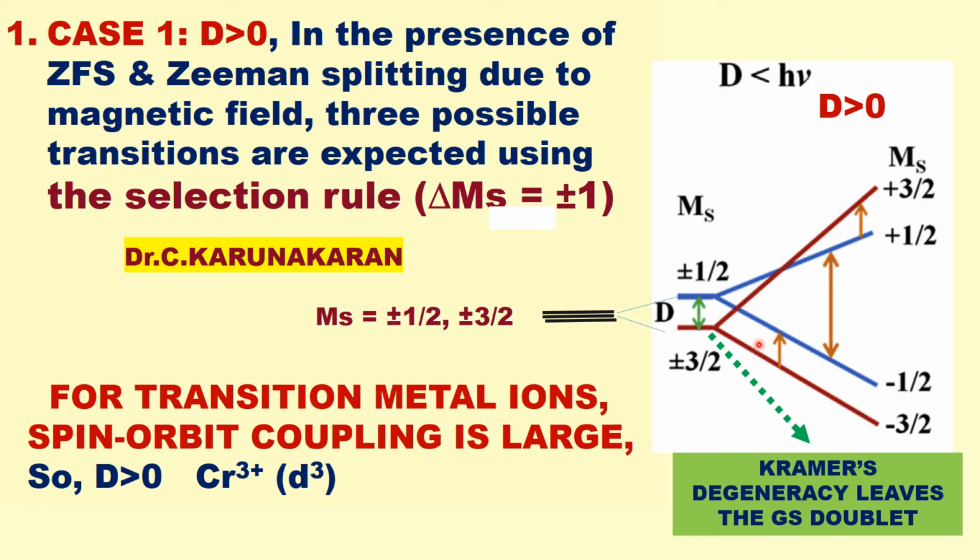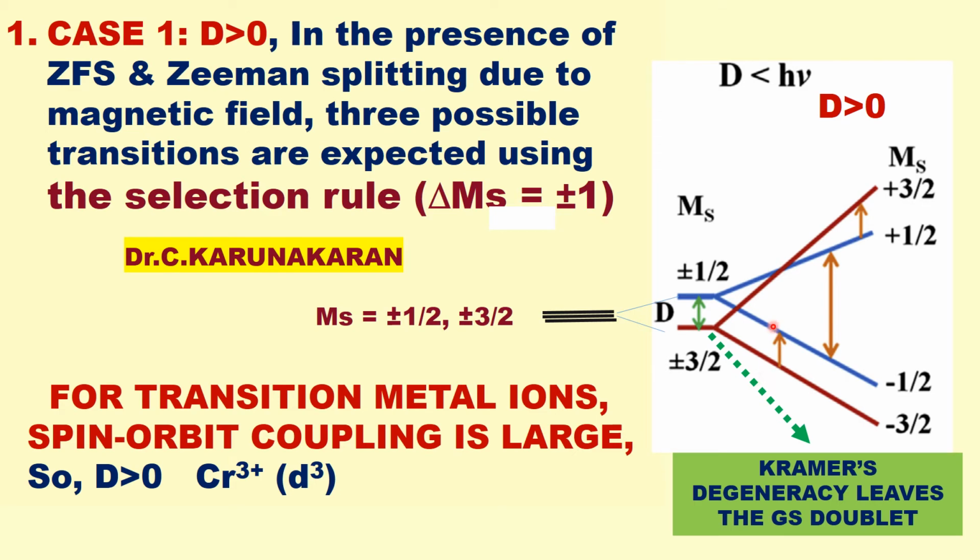Further, in the presence of magnetic field, in addition to zero field splitting, it splits into 4 spin levels. So, there are 3 possible transitions using the EPR selection rule, delta m equal to plus or minus 1.